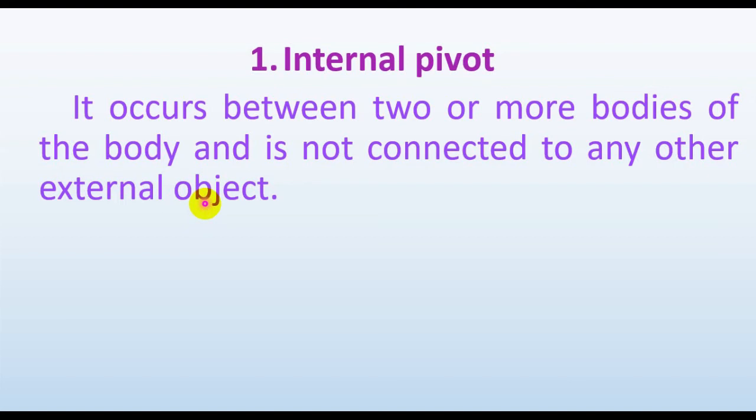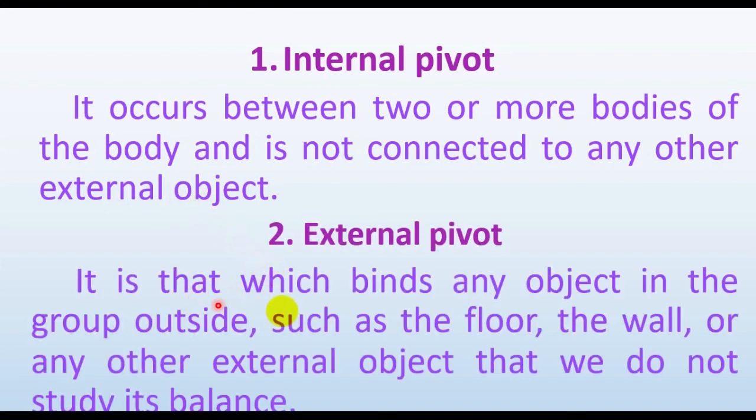External support is one which binds any object in the group to the outside, such as the floor, wall, or any other external objects that we do not study in its balance. So we are not going to take that body or that plane inside our equilibrium study.